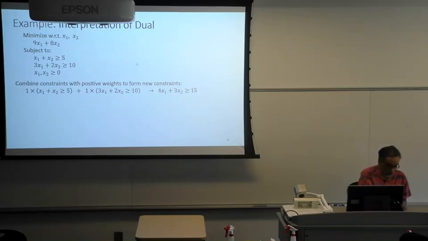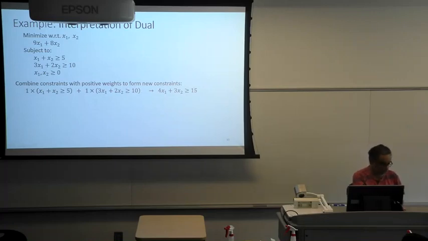Now, from these two constraints, I can form other constraints. I can multiply this by 1 and this by 1, and so I get this constraint. 1x1 and 3x1, so I have 4x1, 1x2 plus 2x2, so that's 3x2, and this greater than or equal to 5 plus 10, that's 15.